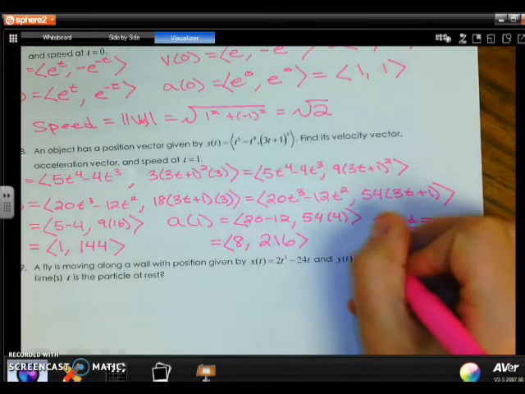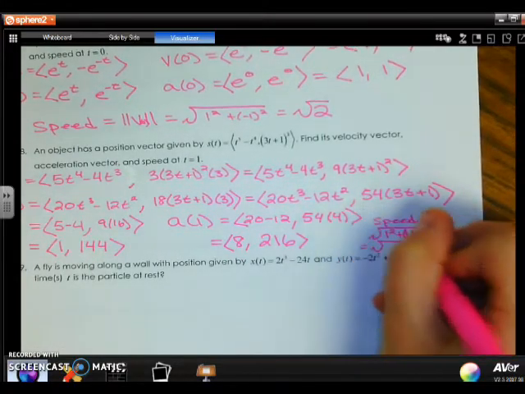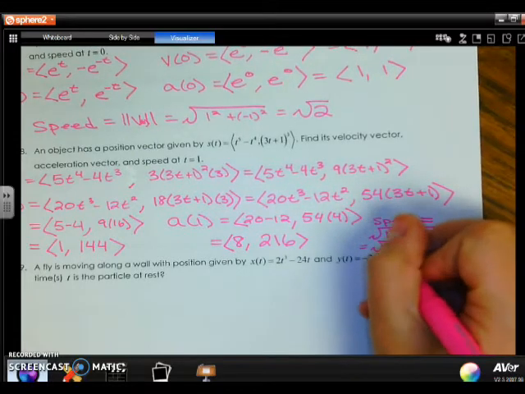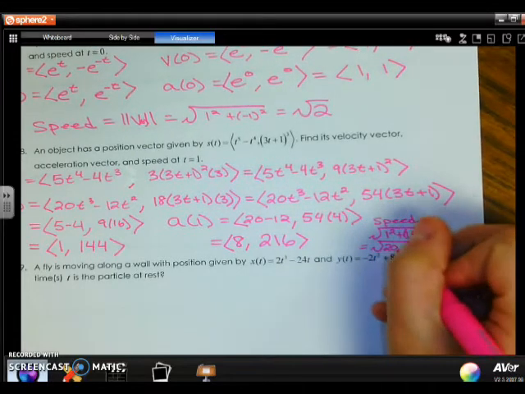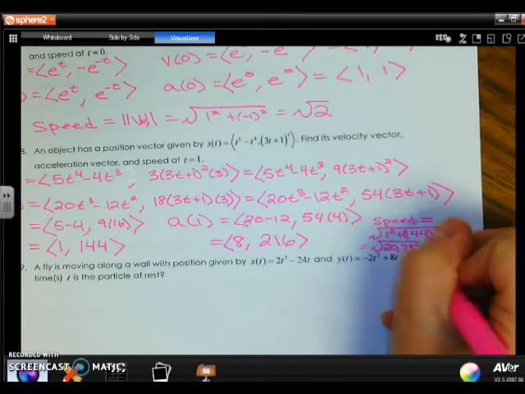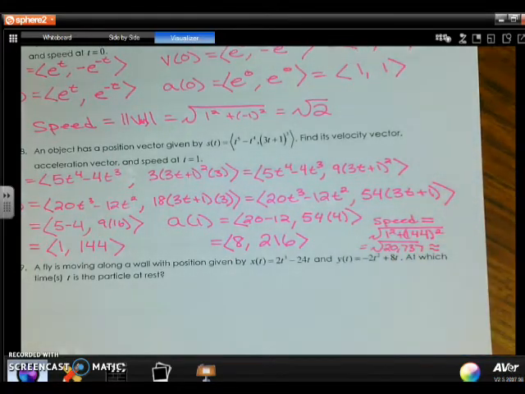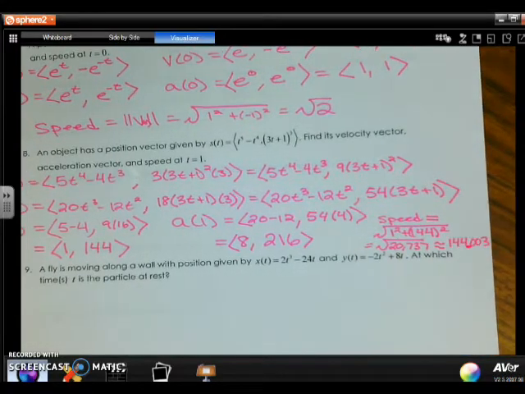Let's see, the square root of, I don't know, 20,737, and I have to type that into my calculator. So when I type that in, I got 144.003, which makes sense, right? Because this is 144 squared, and then you're just adding 1 there. So, all right, that takes care of number 8.